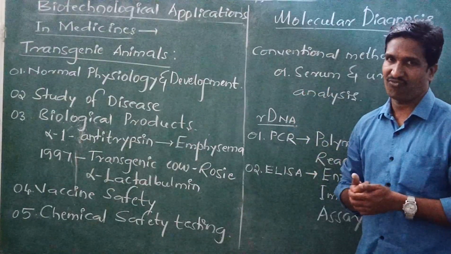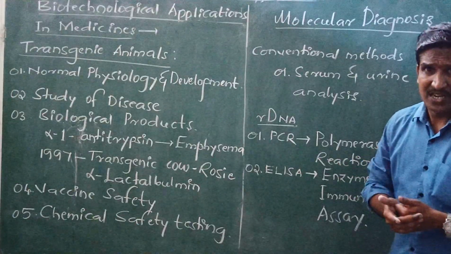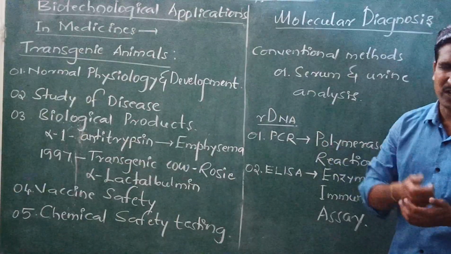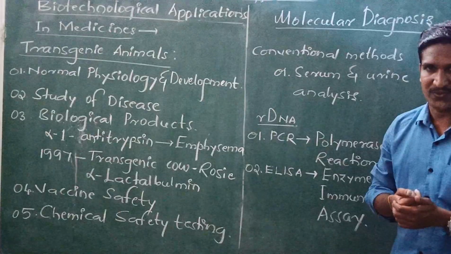So there is no use. Like the urine test also. Understand? Say for example, diabetes, in the first PUC you have studied the glucose test. The urine sample test converts into brick red, which shows the presence of glucose.